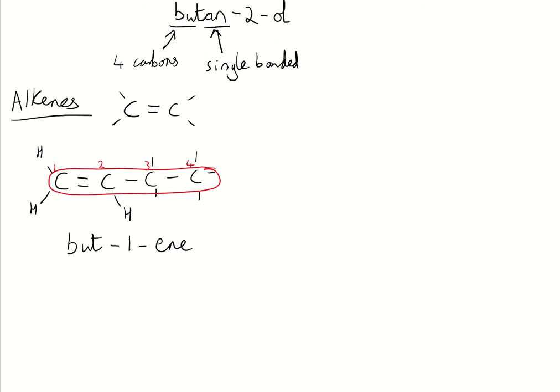Now you can have branches coming off them much the same way. So if we just quickly do one of those, I say stick a halogen in.